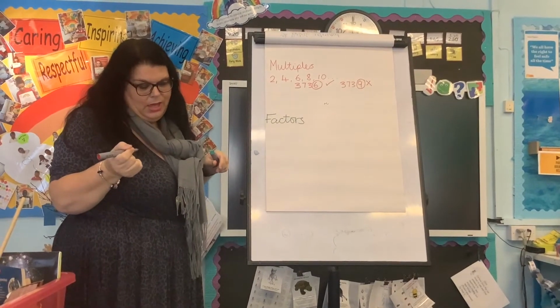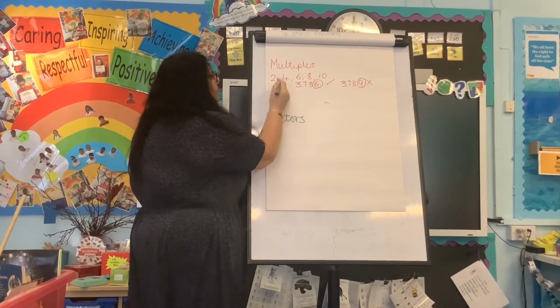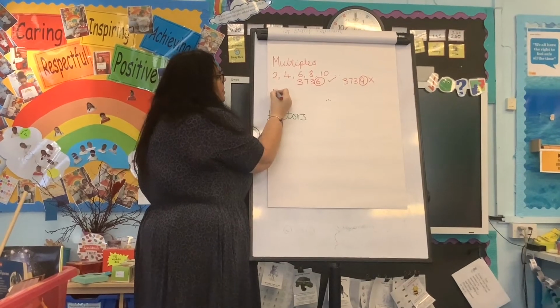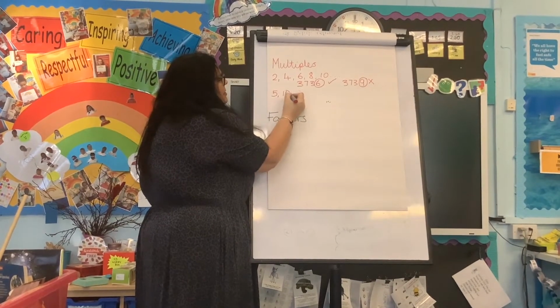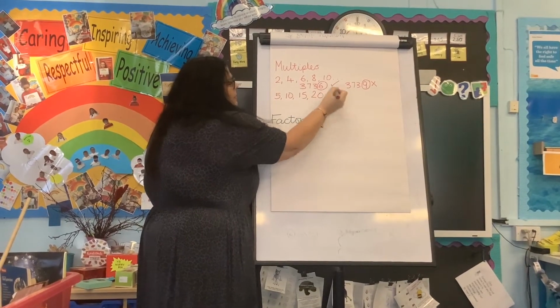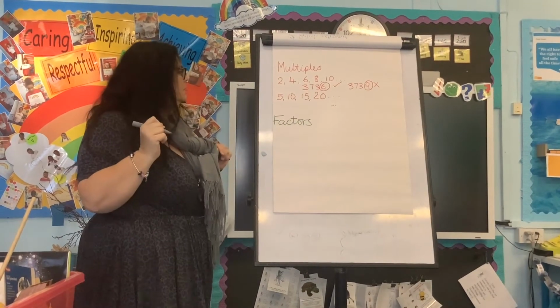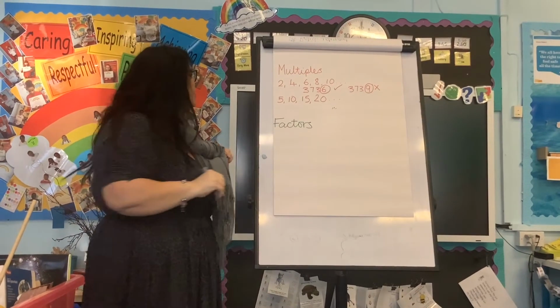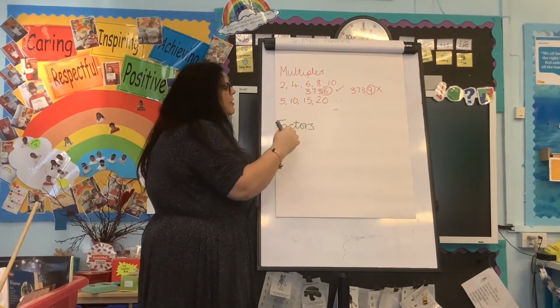Same thing with the 5 times table. Multiples of 5 are 5, 10, 15, 20. Carrying on. Easy pattern with this one. They've got to end in a 5 or a 0.